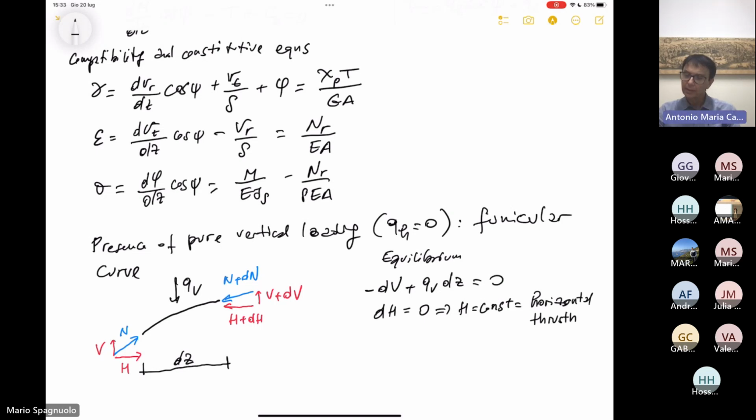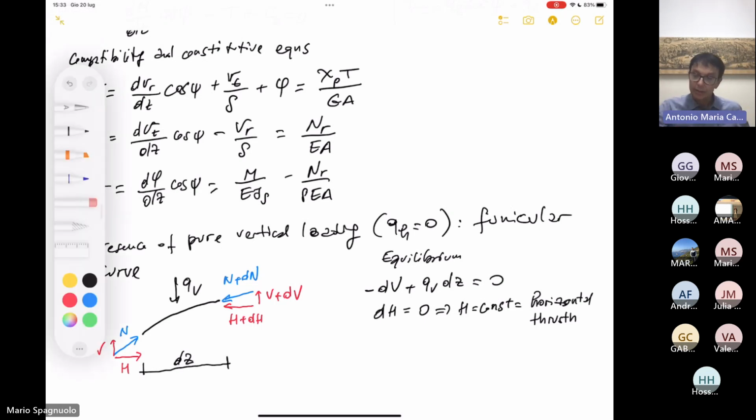I think there is an error here, but anyway, there is one extra H here. This is not important, but what is important is that this H is missing.